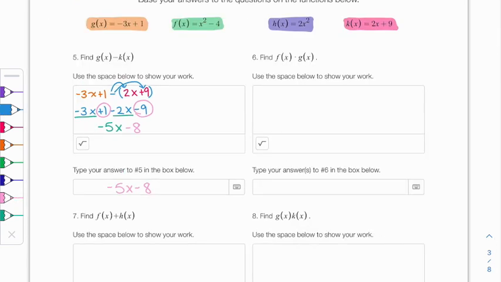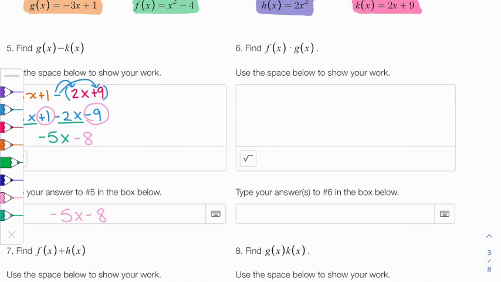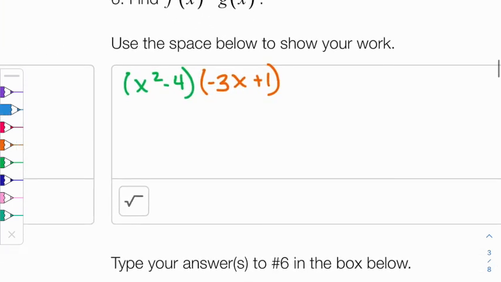All right, so when I multiply functions, I want to make sure I put both functions in parentheses. So here f of x is x squared minus 4, and g of x is negative 3x plus 1. And then when I multiply, you've definitely heard me probably say FOIL before, but really all you're doing is double distributing.